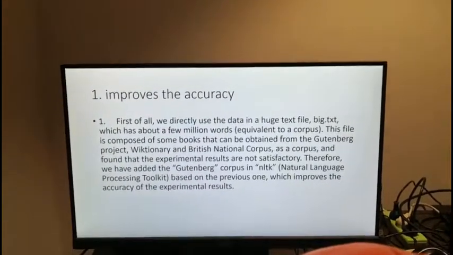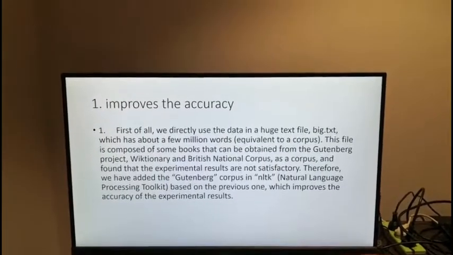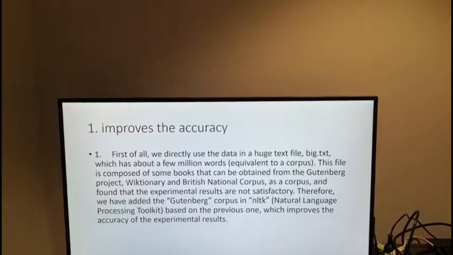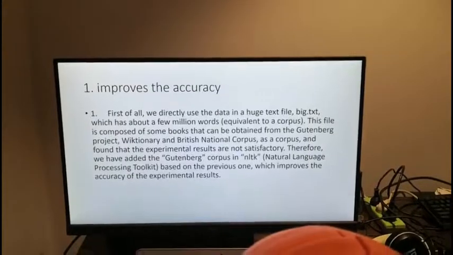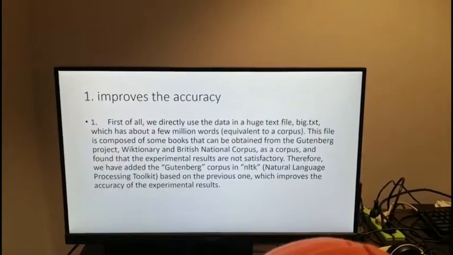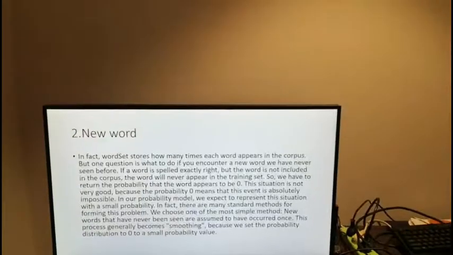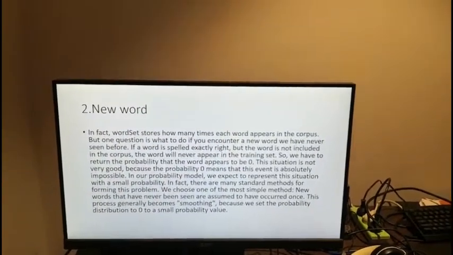As the corpus clearly shows that the results are not satisfactory for us, therefore, we used the Gutenberg corpus in the natural language process to calculate based on the previous version.